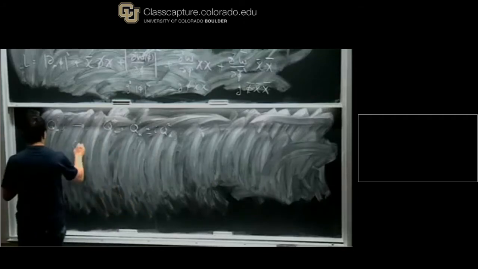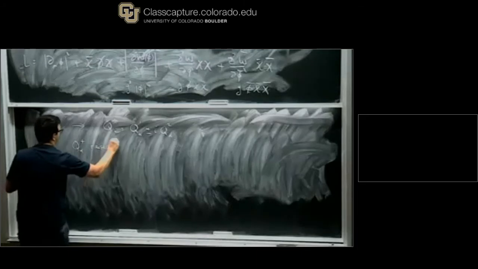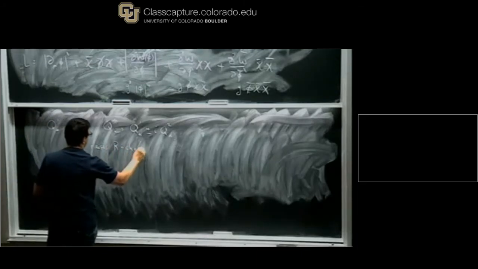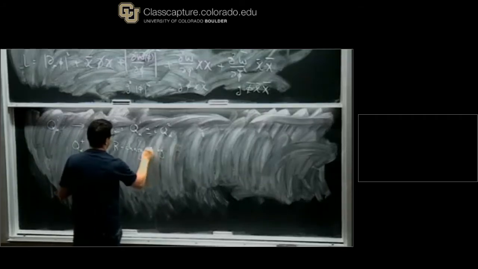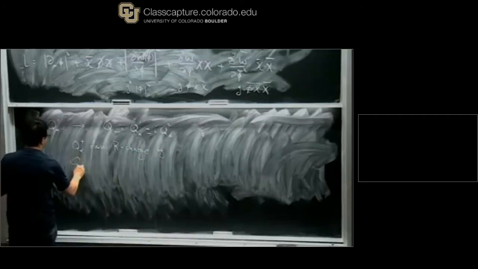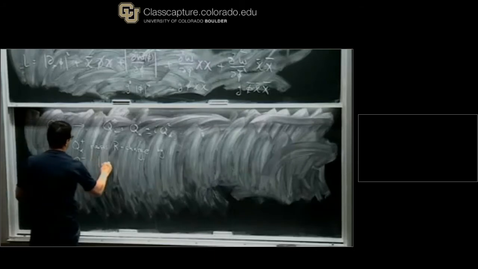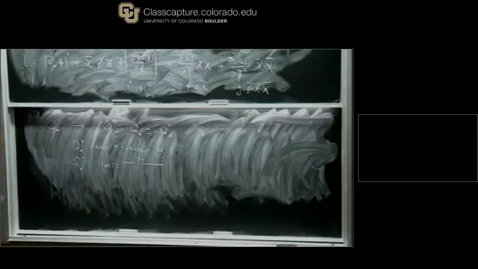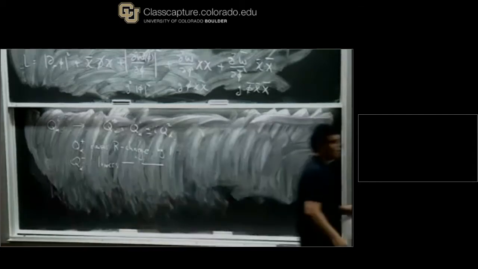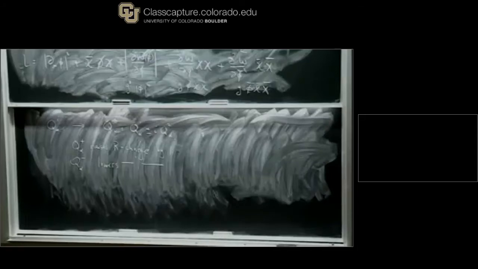So Q alpha plus raises the R charge, if we think about it as a U1 charge, by 1 unit. And Q alpha minus lowers it by 1 unit. The condition for a chiral multiplet is that Q plus annihilates the scalar phi.